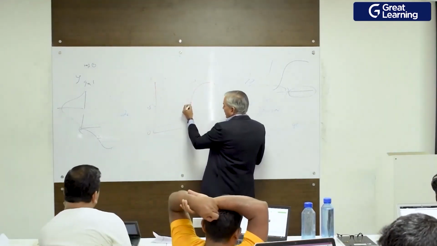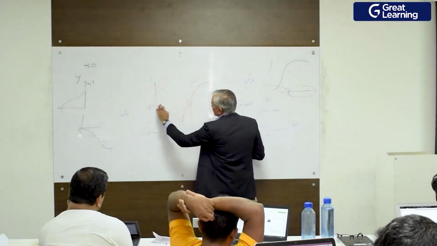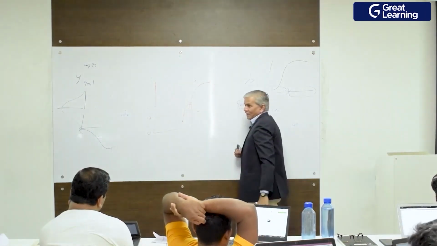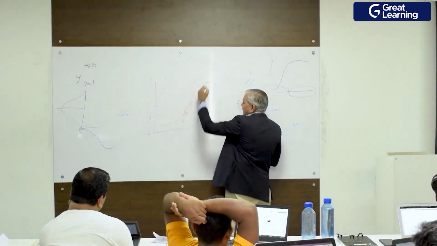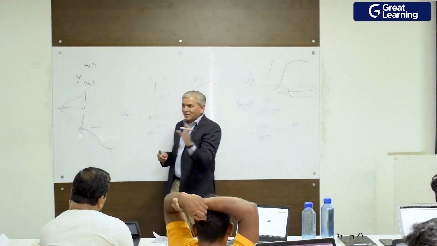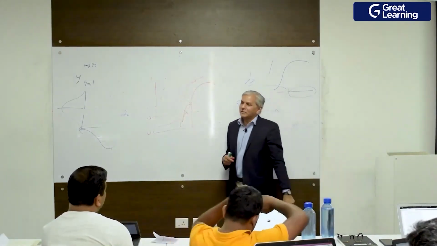If it is below 0.5, it will say it belongs to the red. So I can bring down this threshold and put it over here, 0.3. Anything over 0.3 belongs to blue, anything below 0.3 belongs to red. So by changing the threshold, I can control the misclassification of the diabetic cases.